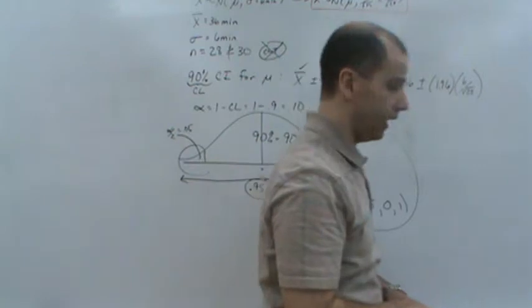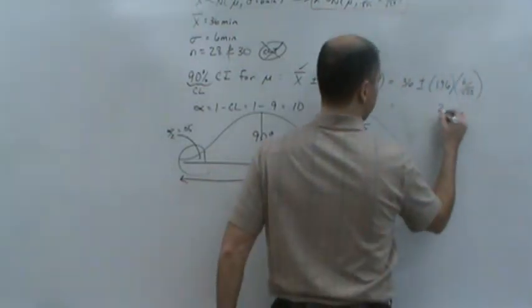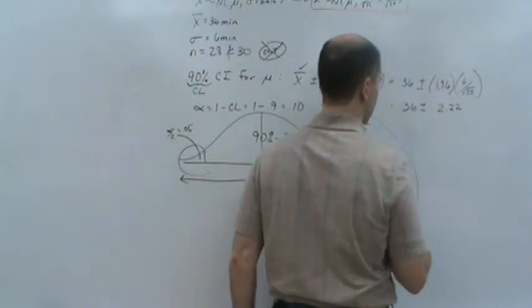So with the margin of error, let's calculate that. So the margin of error here is going to be 2.22. So 2.22, so it's 36 plus or minus 2.22.